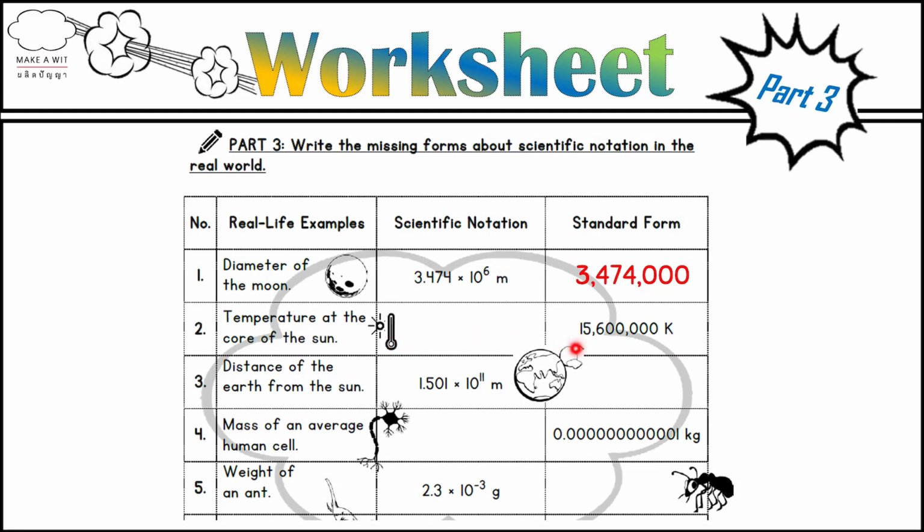Cannot be more than 10 or less than 1. 1.56, very good, times 10 to the power of, now this one is big, right? So the power will be positive. So count 1, 2, 3, 4, 5, 6, and 7. Very good. 10 to the power of 7.